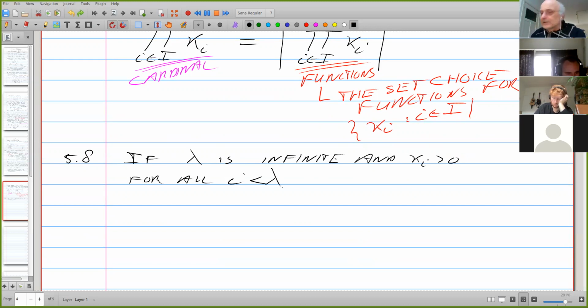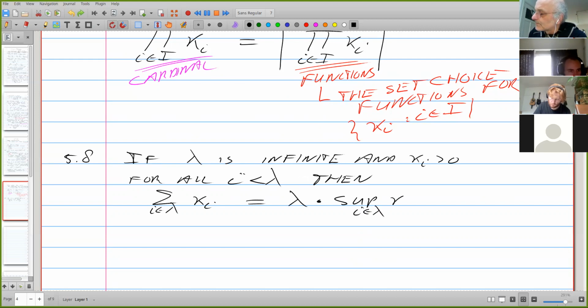So we take an infinite cardinal lambda and we take cardinal numbers kappa i, and then we can say that the sum is not so difficult after all. If we take the sum of all these cardinals, then we simply get lambda times the supremum of those cardinals.